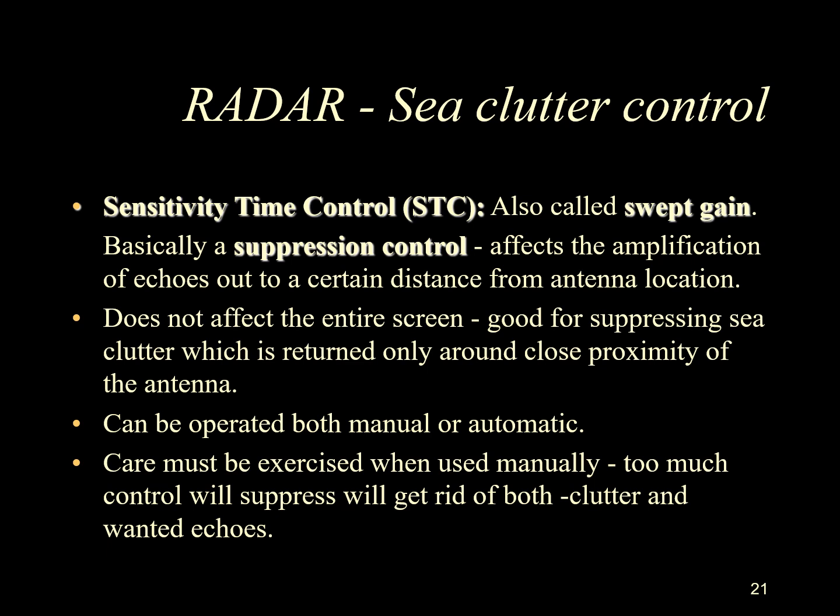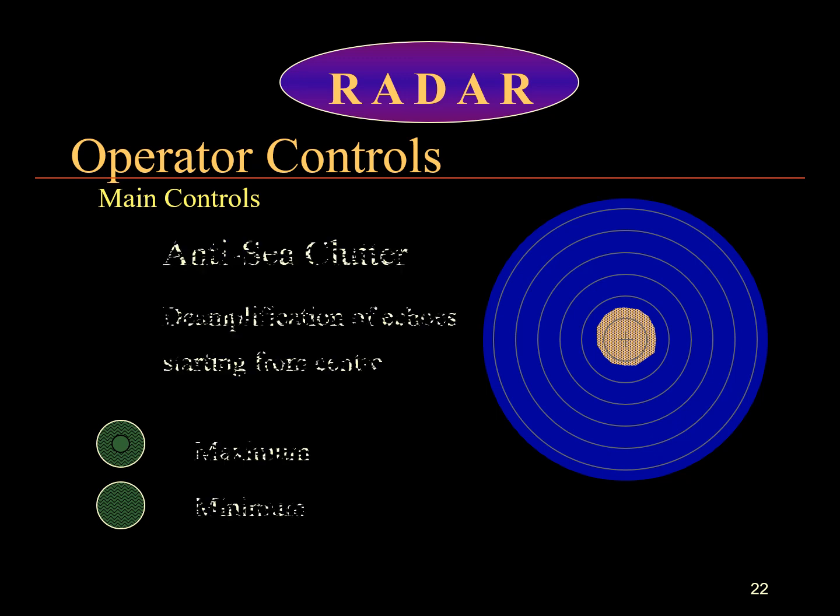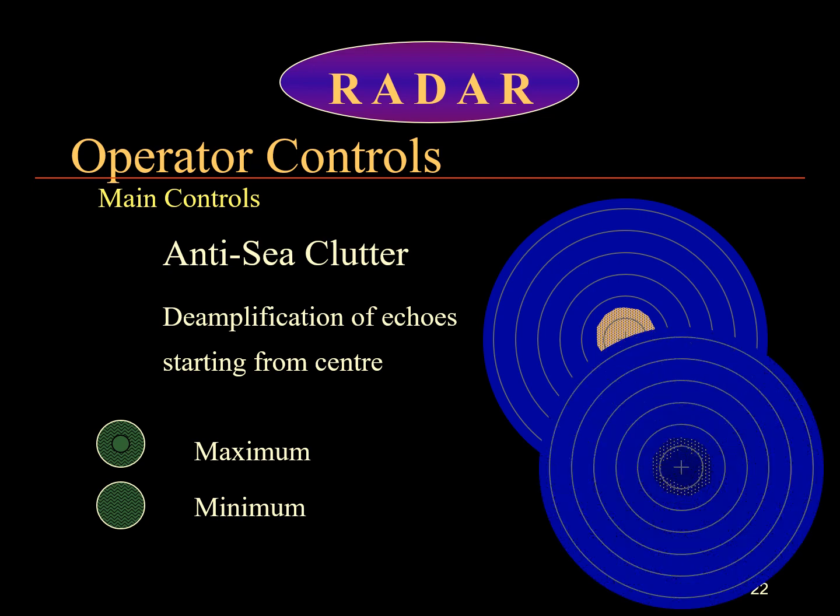STC controls can be manual or automatic, and sometimes both may have to be used, but mainly manual is used. Any manual STC control must be used carefully, as too much suppression gets rid of not only the sea clutter echoes but also the wanted echoes. Remember, this control affects all echoes within a certain set distance of the antenna.